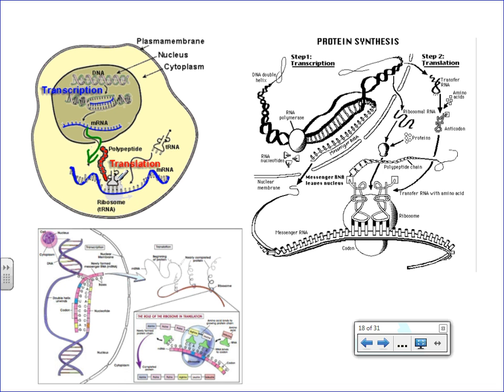As it reads it, transfer RNA, which shows the little clover leaf, brings the ones that have the right anticodon, carrying the proper amino acid, so it puts them in the right order.